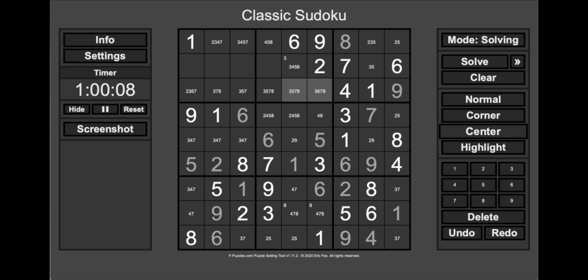And this one also can't be 6, or 3 even, because the 3's in the column, so 4, 7, and 8. This, well, I just said that can't be 2.